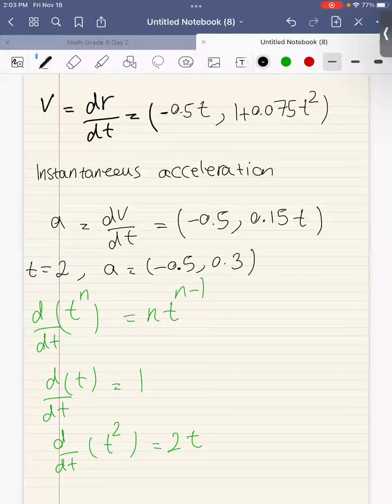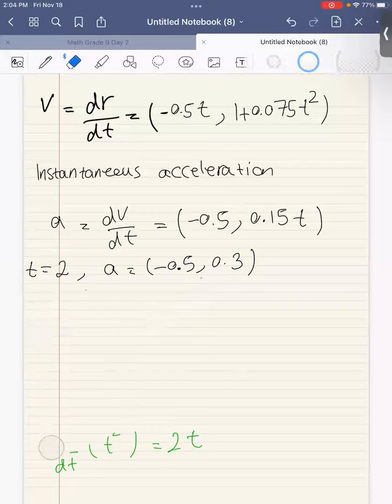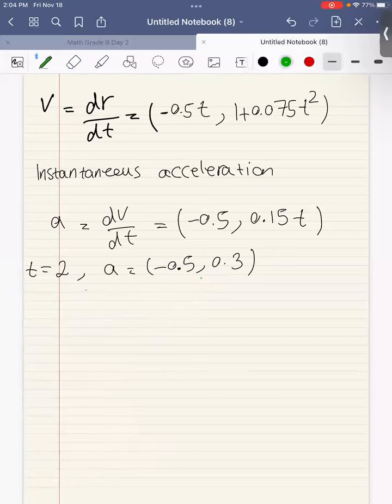So what is the direction, or the magnitude and the angle, of this vector? No problem. 149 is the angle.